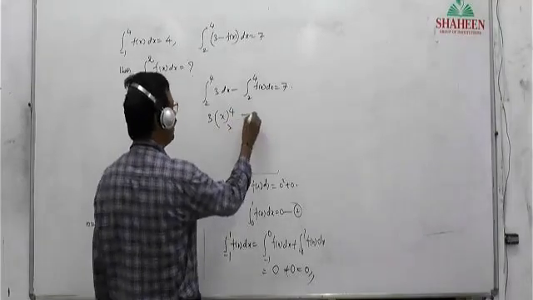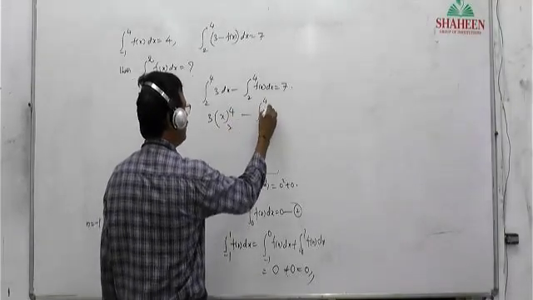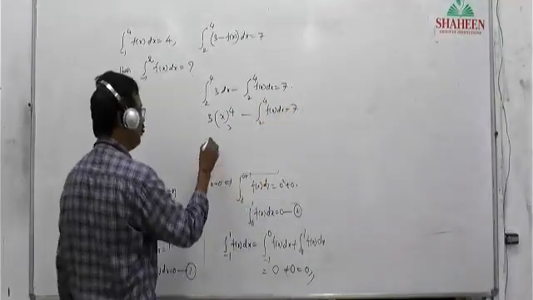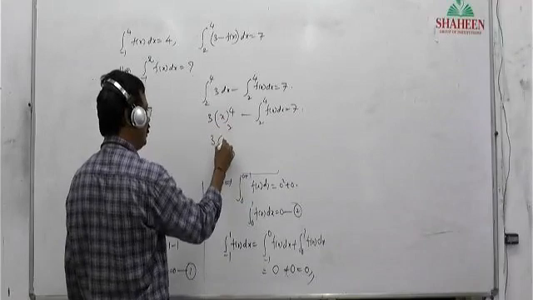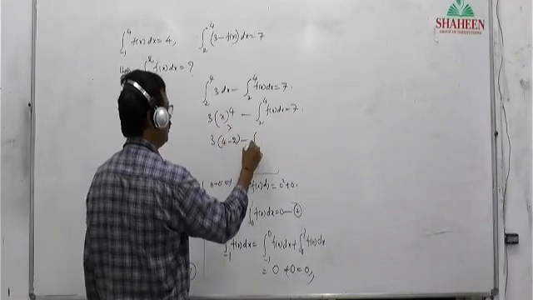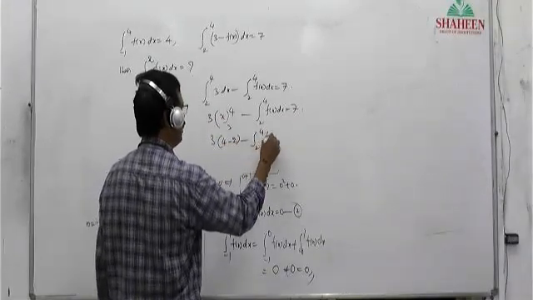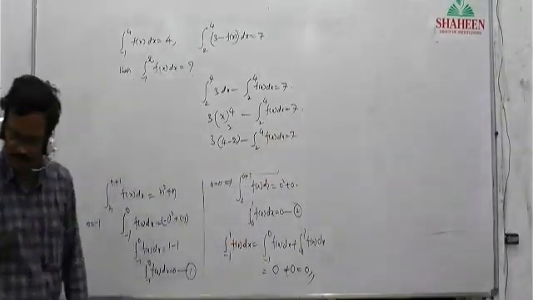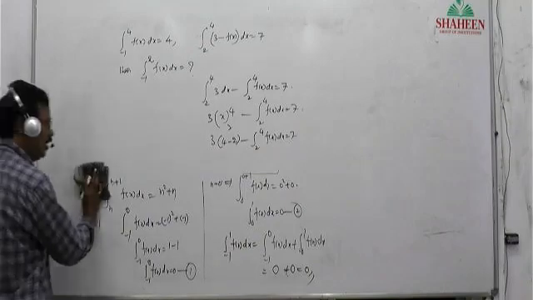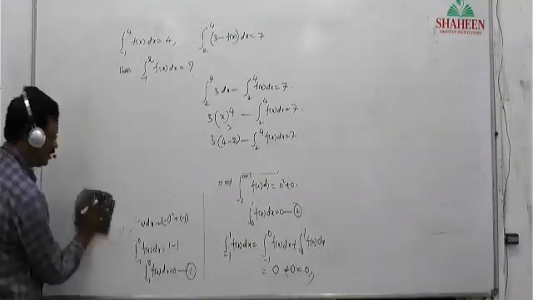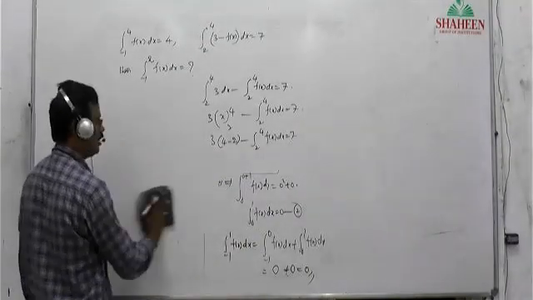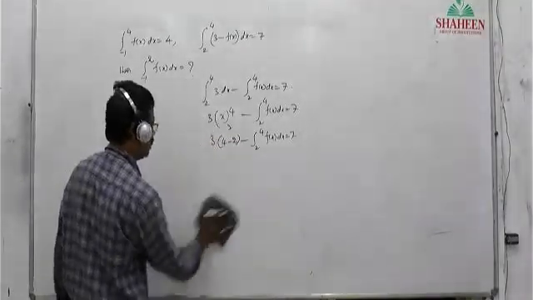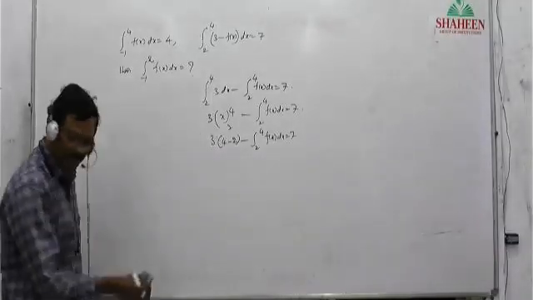And this integral keep as it is, no change in this. 2 to 4 f(x) dx. Now keep the upper limit minus the lower limit. Minus the integral 2 to 4 f(x) dx. This is equal to 7. Is it okay, all of you? Then after this, what do we get here?